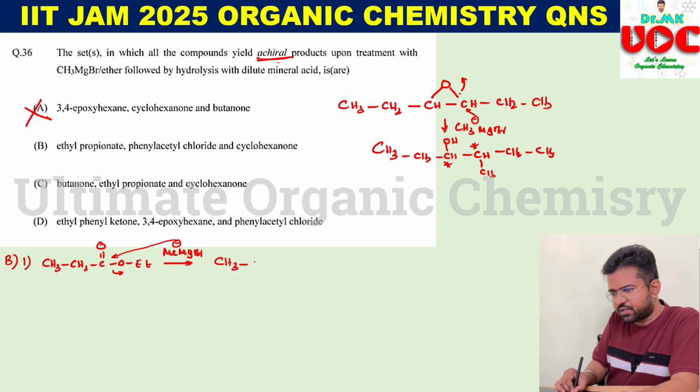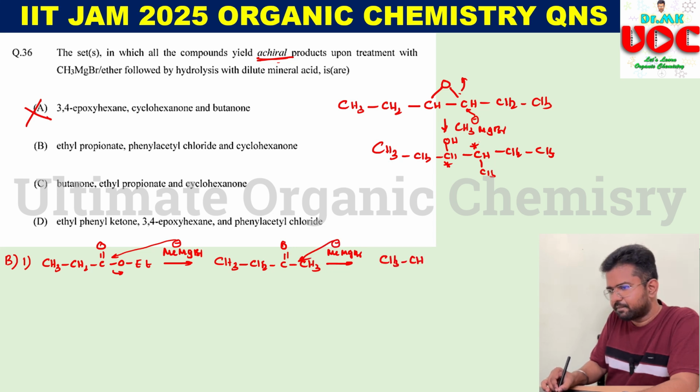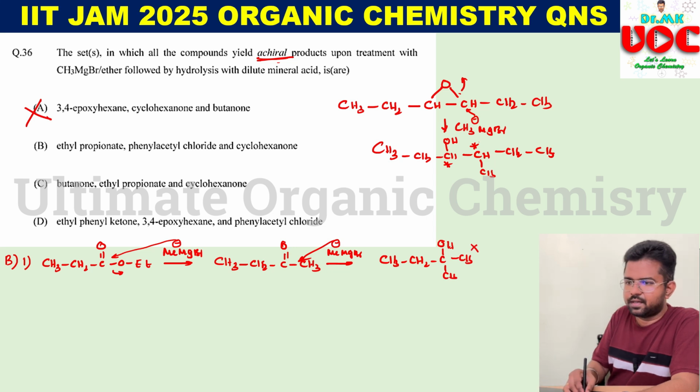So initially it leads to the formation of a ketone. When the ketone reacts with one more mole of methyl magnesium bromide, it will form a tertiary alcohol. So this molecule is achiral. Yes, it is possible. This is giving an achiral compound.